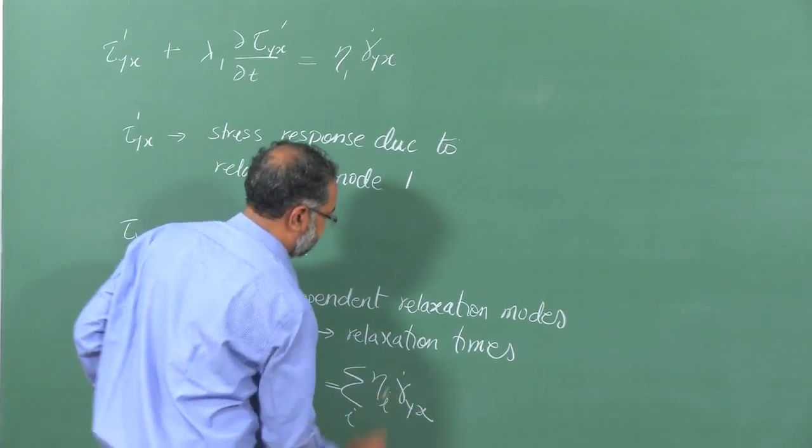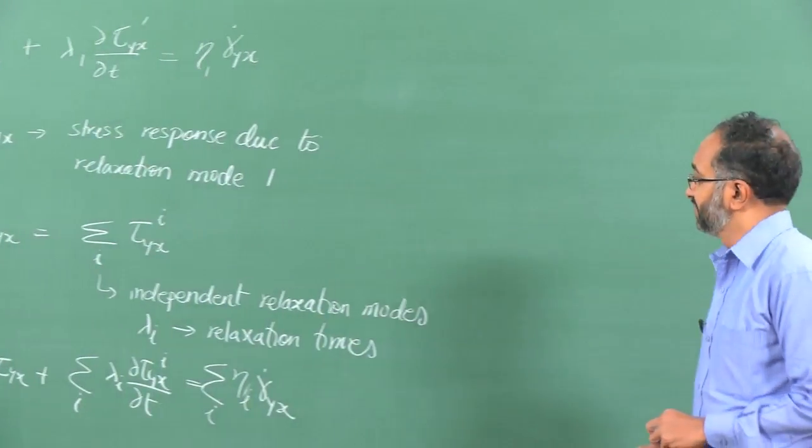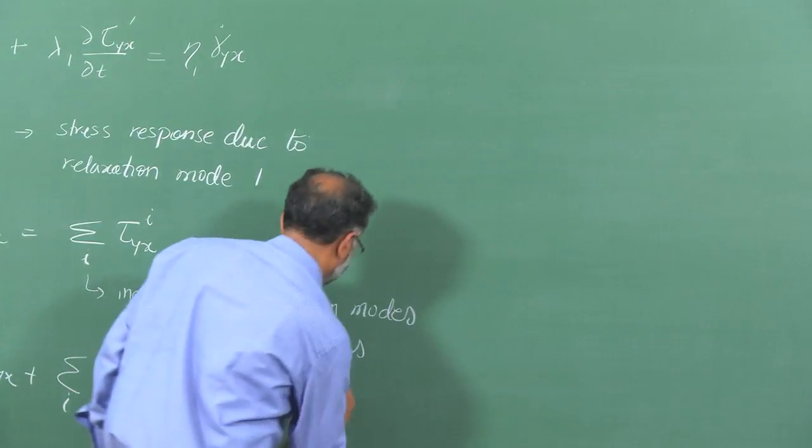So, all of them are being summed, and this is what is called a generalized Maxwell model.